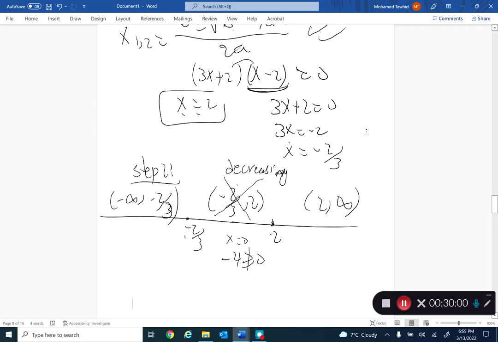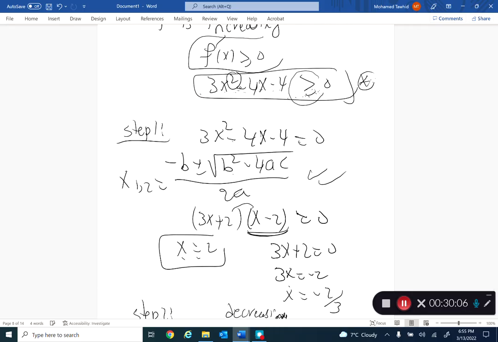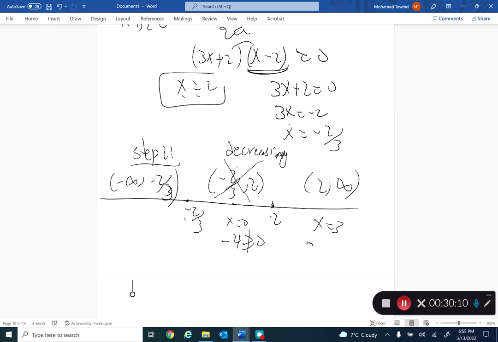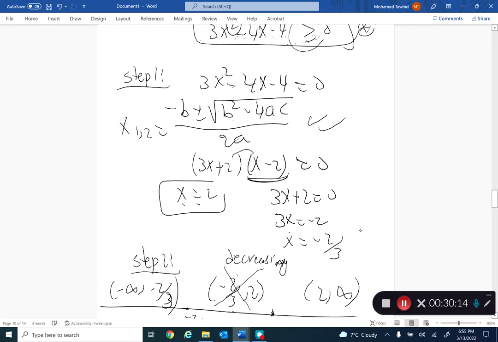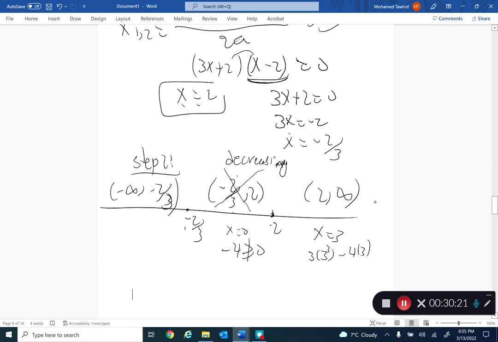So now I have to check here, take x equals, say, 3. I go back to the derivative and put in x equals 3. So you have 3 squared, minus 4 multiplied by 3, and minus 4.